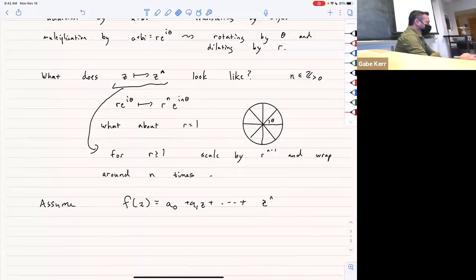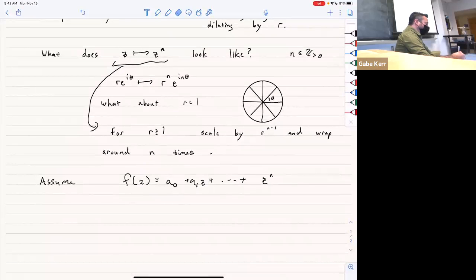So we have some polynomial that looks like this. And what I want to say is, for z really big, meaning the modulus of z, the radius, is very far away from the origin, f of z is well approximated by just z to the n.